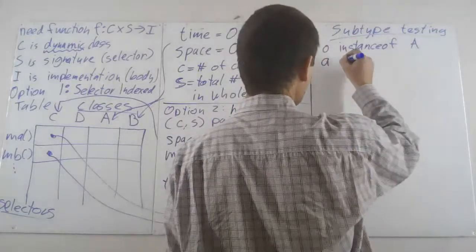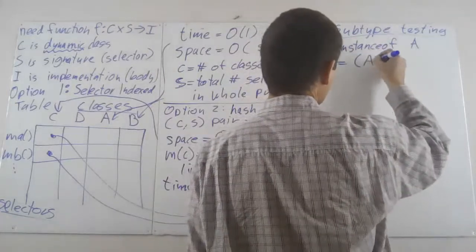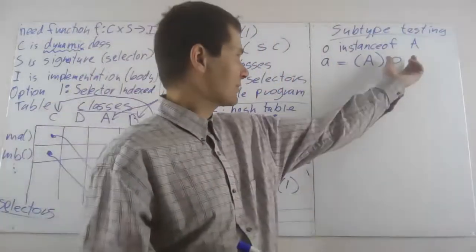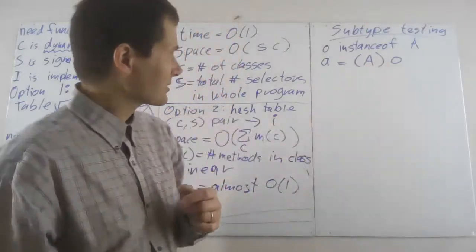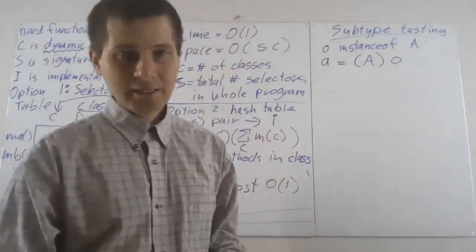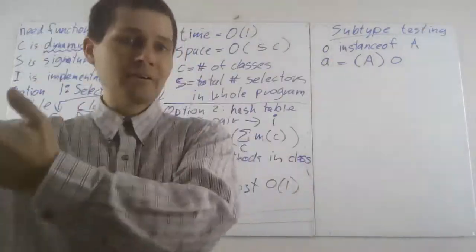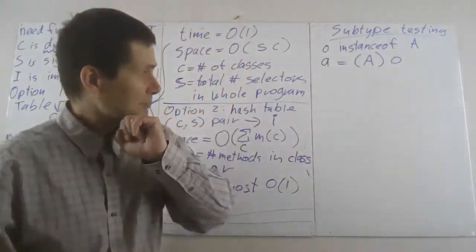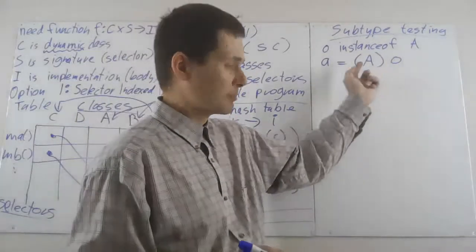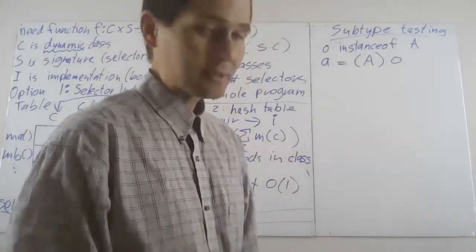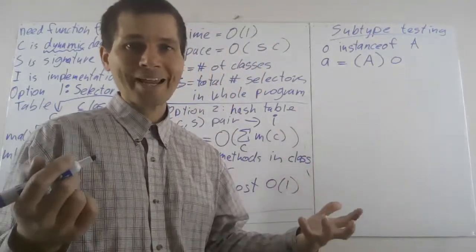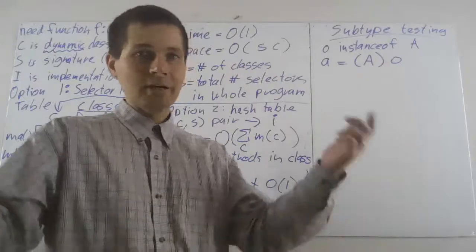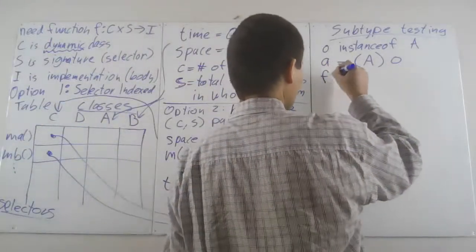Or you might have a cast. So I have a variable o that holds an object of some type, and I'm going to cast that object to type A. And so the compiler has to generate a test that at runtime is going to see what the actual dynamic type of o is and determine whether it's a subtype of A. And then there was this whole thing about arrays being covariant and that being unsound, and that requiring a runtime type check.